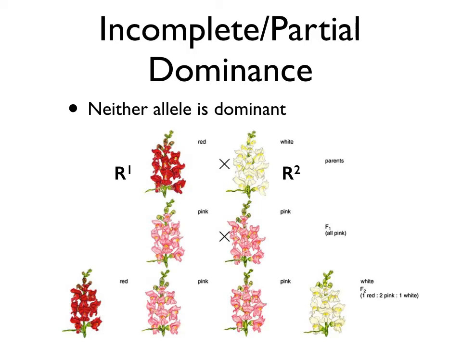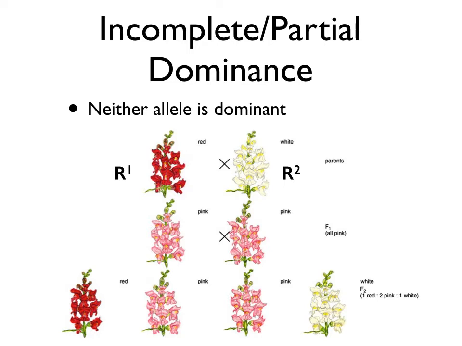Now, if you think back to the genotypic and phenotypic ratios we described in chapter 3 with Mendelian inheritance of these pea plant traits, you'll remember that our F2 generation consisted of a ratio of 1 homozygous dominant individual for every 2 heterozygotes for every 1 homozygous recessive individual.